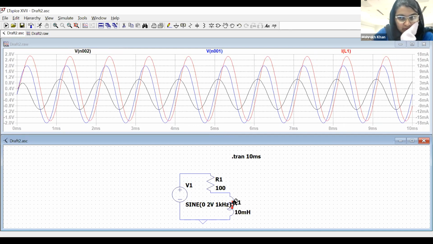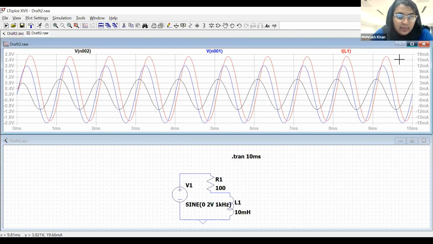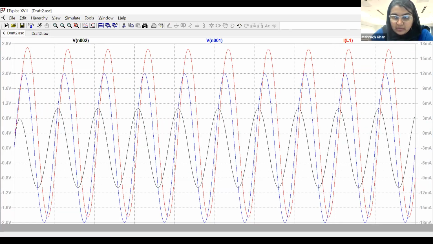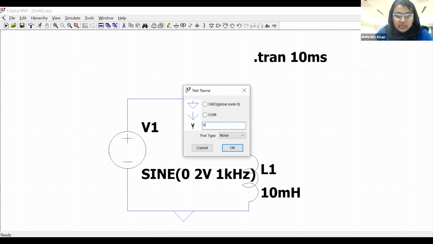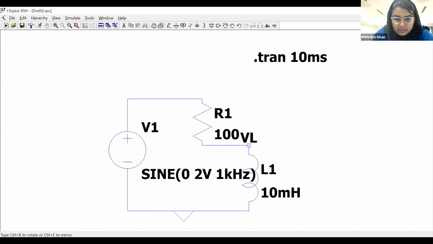So the current across your inductor is, actually I should put the nodes as well. So current across your inductor is red one, okay? So you can see different magnitudes and different phases as well, but let me just first make it more clear by putting the labels. So this is VL. This is VL.